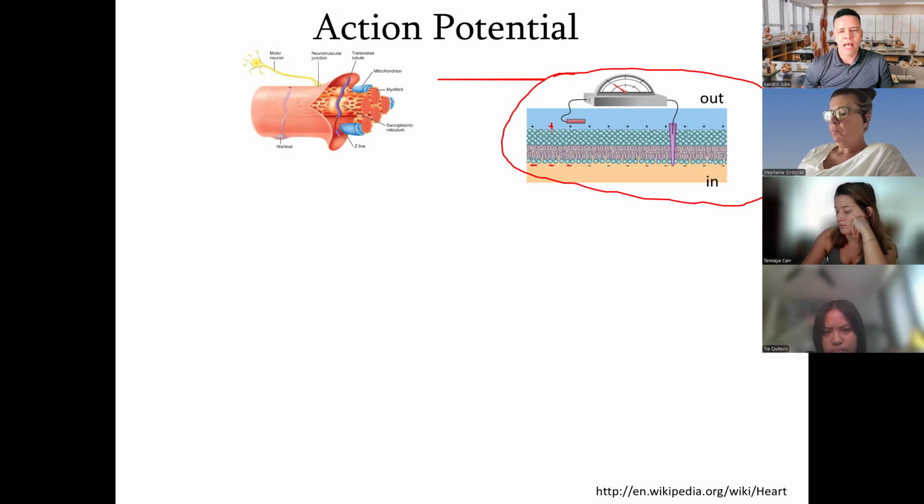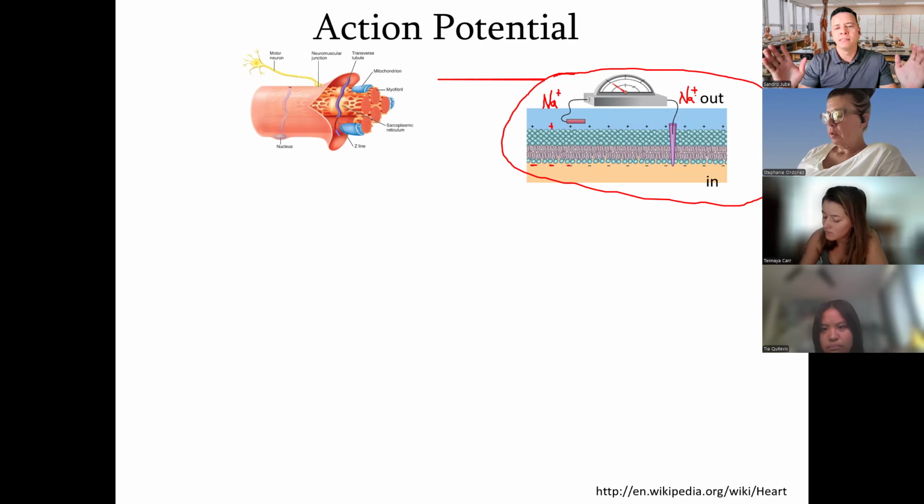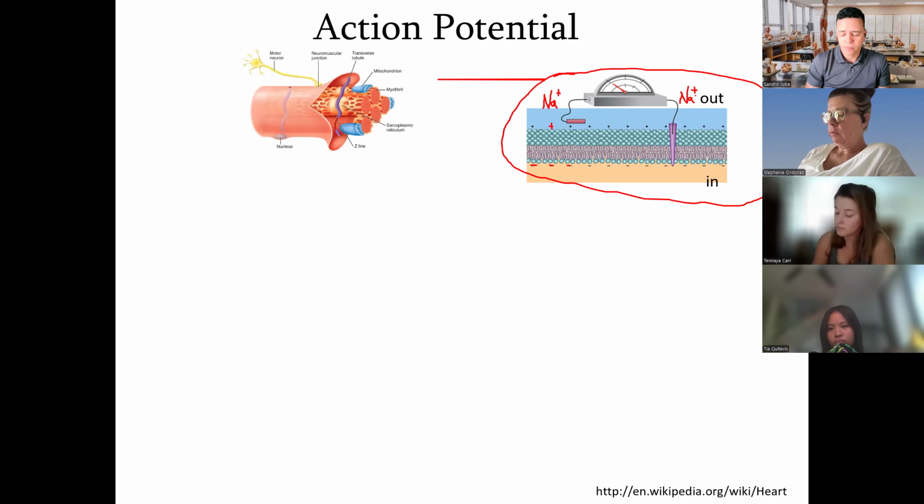What creates this resting membrane potential? The accumulation of sodium outside of the cell, and remember, sodium is positively charged. So all of the sodium outside of the cell wants to come inside of the cell to balance things out, but it can't because the ion channels are closed. So this is what we call the resting membrane potential.